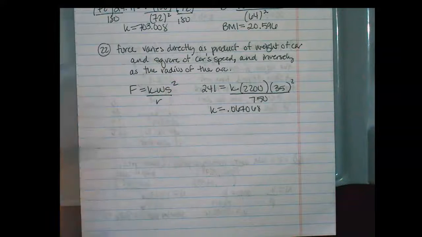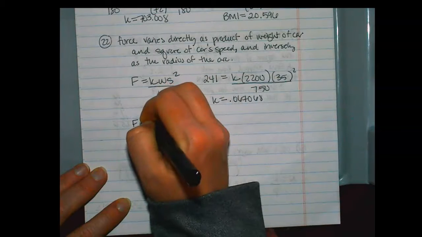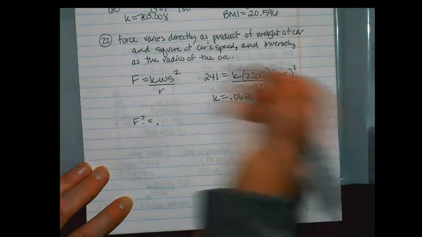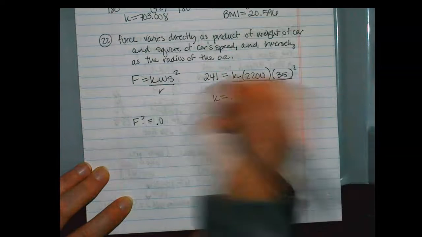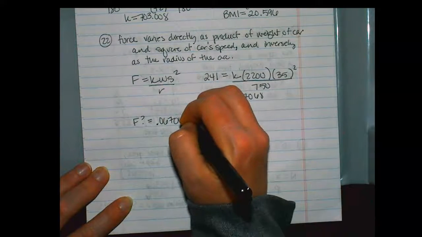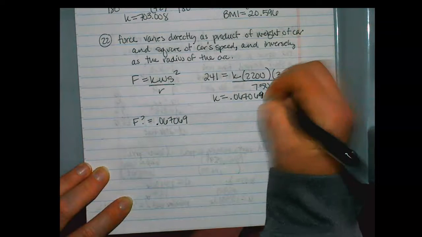All right, so then they say, how many pounds of force? So force, I don't know. And then I've got my constant variation, so 0.067068. Should be actually 9 if I round right. Okay.